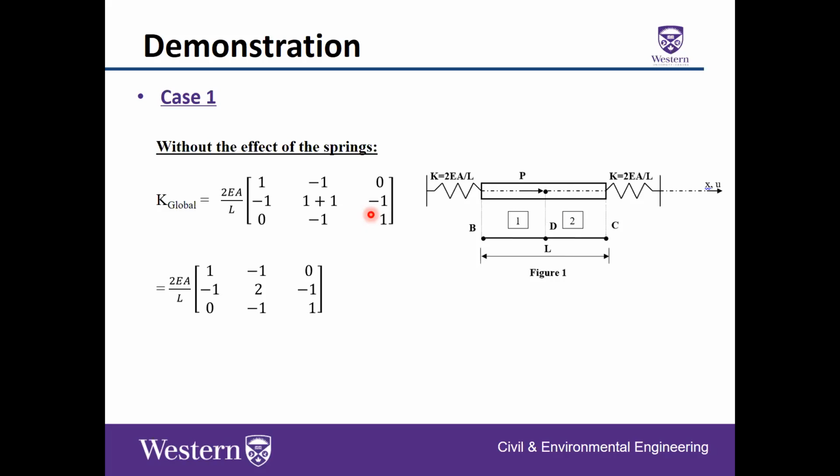Fantastic. Perfect. So that's the global stiffness matrix for the structure so far, without the effect of the springs. So what if we add the effect of the springs?